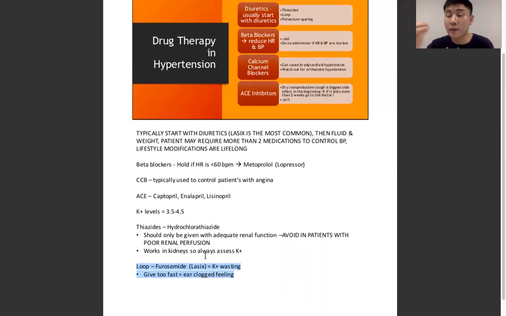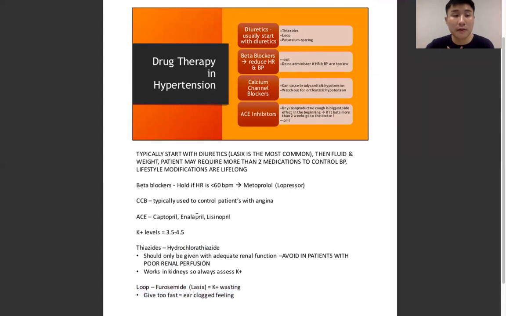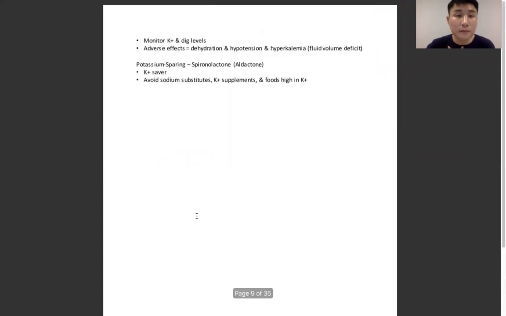Like I said earlier, when we give furosemide, they will pee out a lot of fluid, and when they pee out a lot of fluid, they excrete a lot of potassium too, so they are at risk for hypokalemia. And if we give furosemide or Lasix too fast, it can cause an issue with the ear, causing an ear clogged feeling or tingling in the ear. Okay, so those are the side effects of this medication. So when we give furosemide, we have to monitor the potassium level.